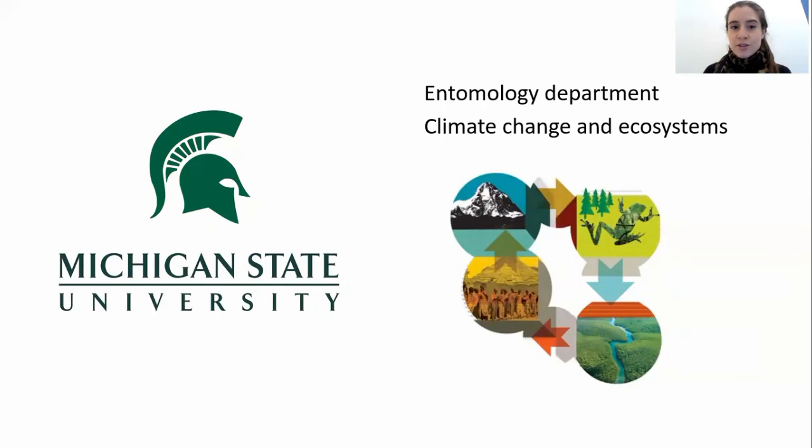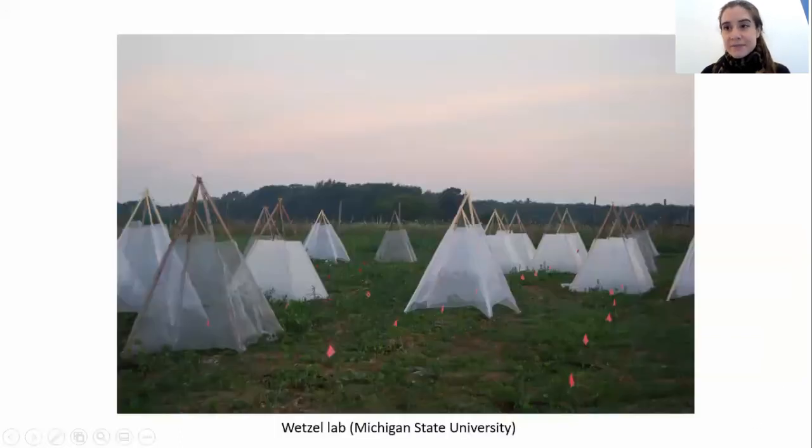To answer this question, I could have used birds like I did for my master's degree, or I could have used, I don't know, rodents or insects maybe, but I wanted to pick something different, another organism that maybe was more at the bottom of the pyramid and that would give me a different view of the type of research that I want to do, which is why I chose plants.